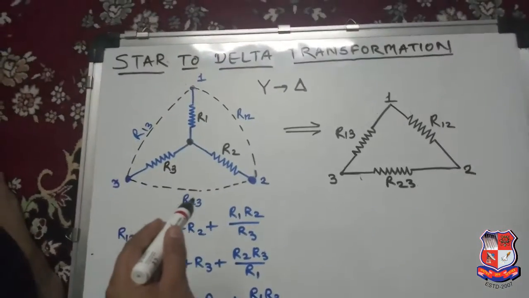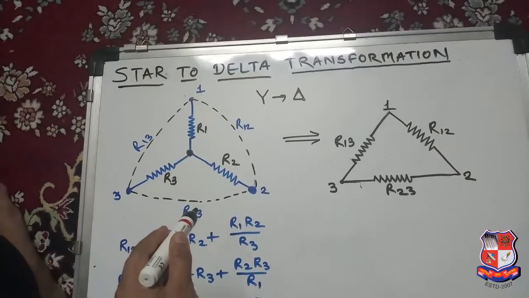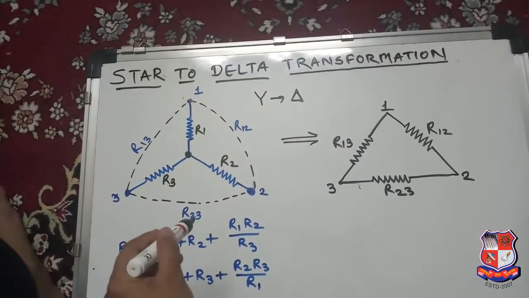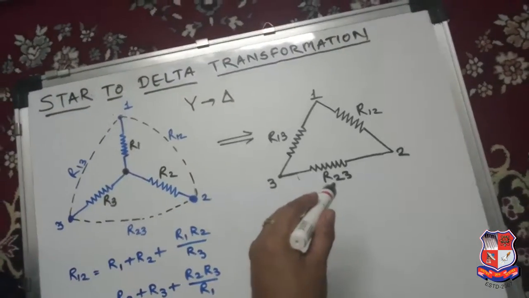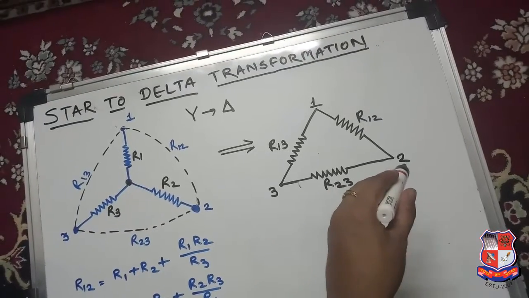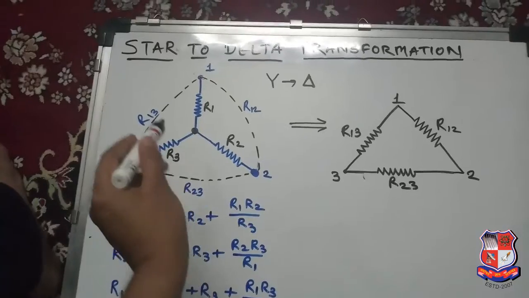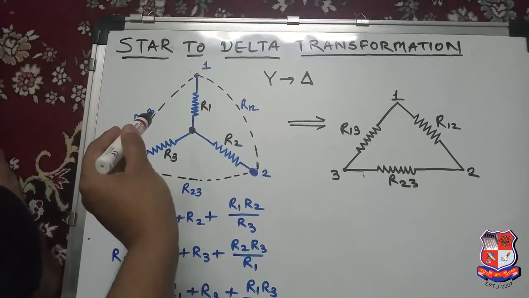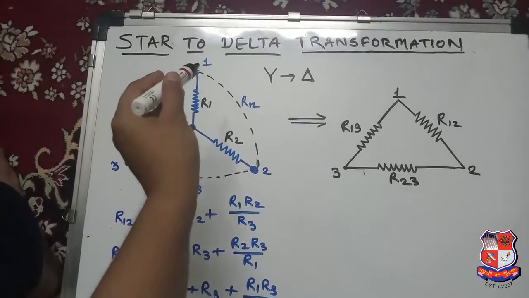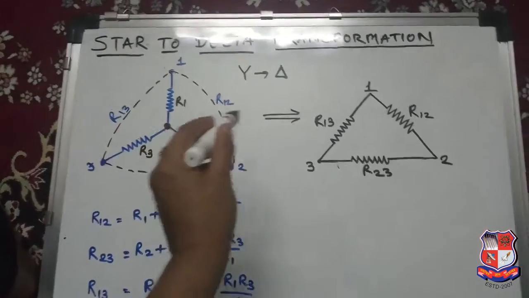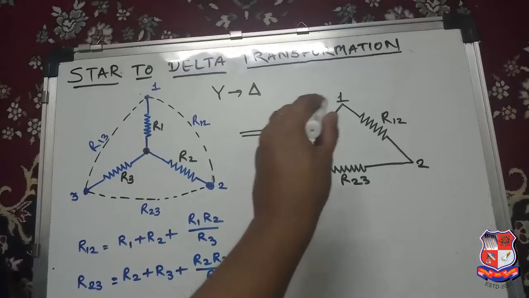Same way, the resistance of the link which you get by connecting terminals 2 and 3 is labeled R23, between terminals 2 and 3. Same way, the resistance of the link from terminals 1 and 3 is R13. So here the delta equivalent resistances are there.